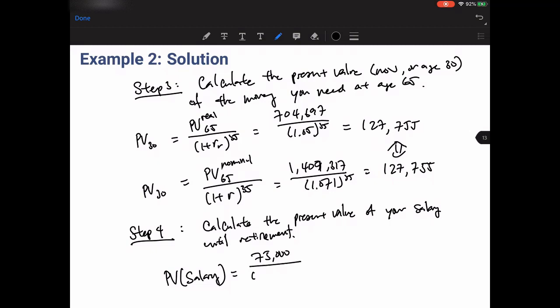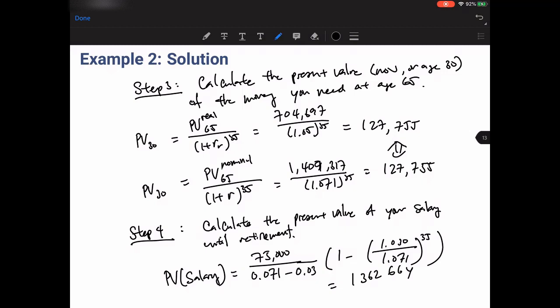And we have a nominal interest rate of 7.1%, but a growth rate of 0.03 or 3%. Multiply by 1 minus 1.030 divided by 1.071, to the power of 35 periods. And that's going to give us $1,362,664.